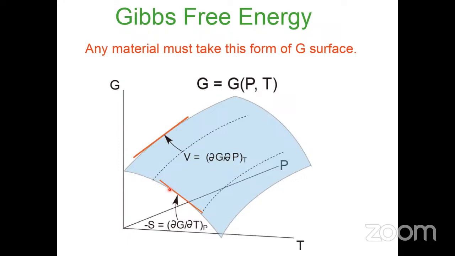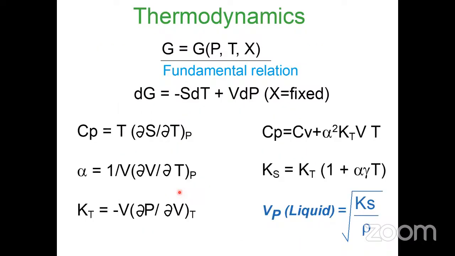Okay. So once you have established the Gibbs free energy surface properly, then you can derive volume and entropy at any PT condition, consistently. And if you differentiate entropy and the volume again with P or T, then you can derive isobaric heat capacity, thermal expansivity, and bulk modulus.